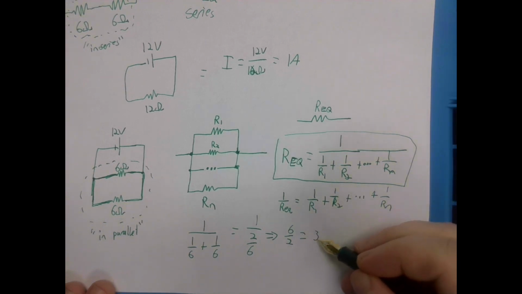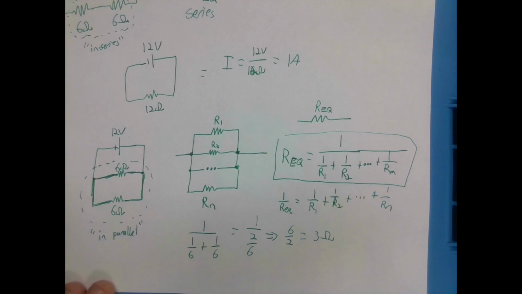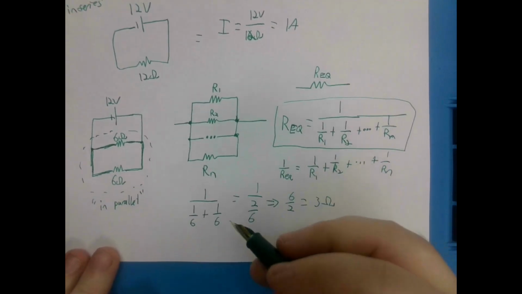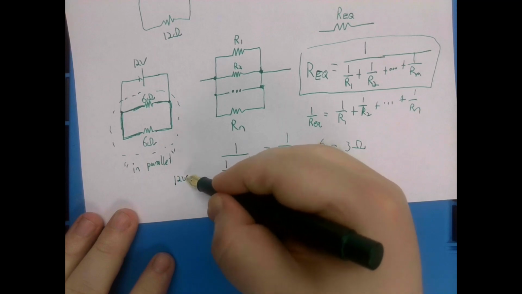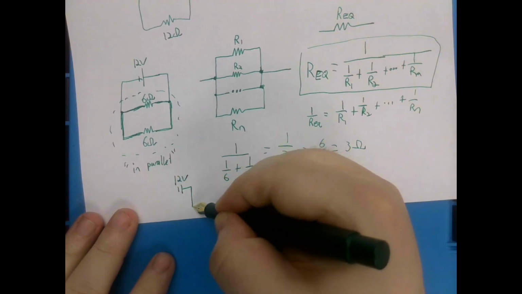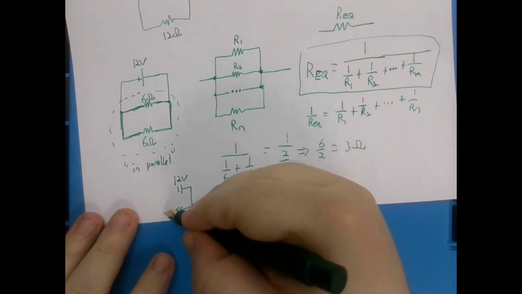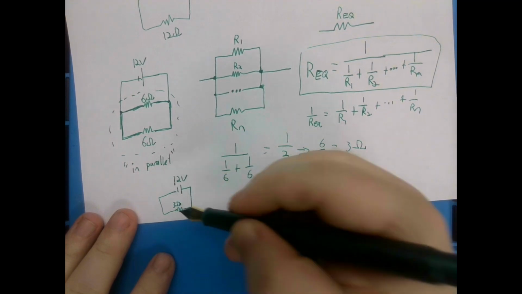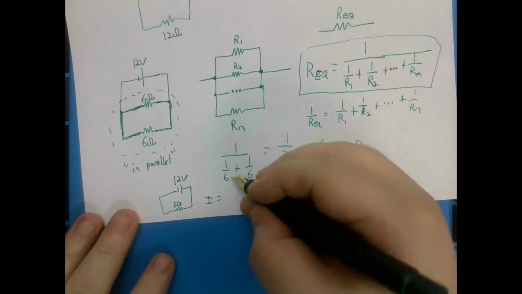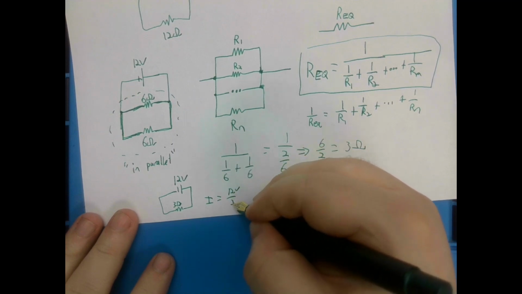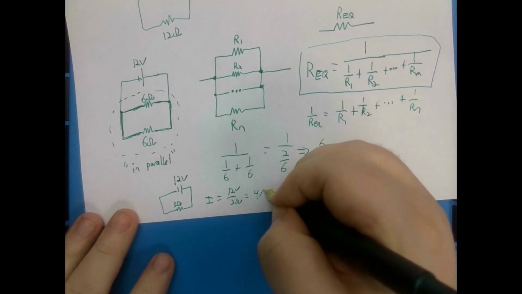And that will be equal to 3 ohms. So this is equivalent to a circuit that is connected to a 3 ohm resistor. So our current would be equal to 12 volts over 3 ohms, or 4 amps.